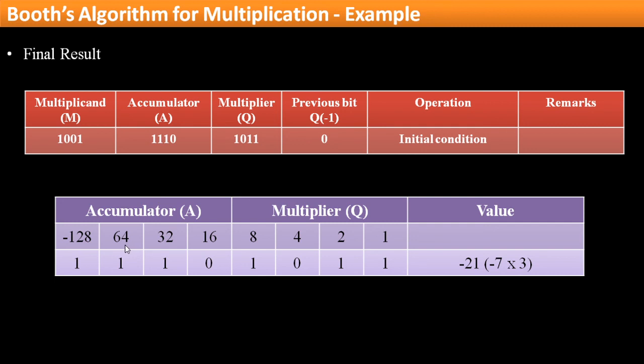So if we add 64, 32, 8, 2, and 1, and add it with minus 128, what we'll get is minus 21. So the result is minus 21. Using Booth's algorithm for multiplication, we can go for a signed multiplication.